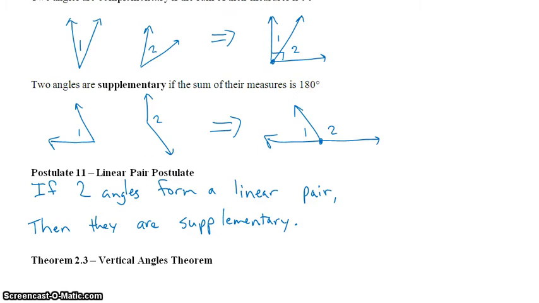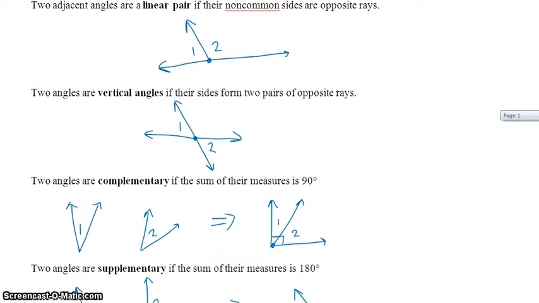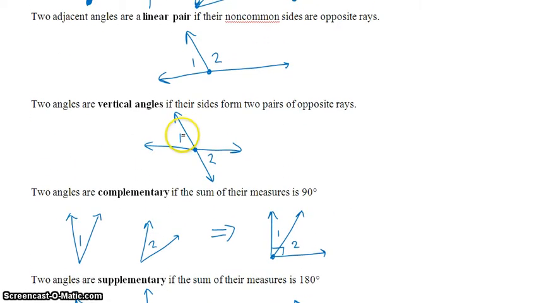A theorem is a little bit like a postulate, but we have to do a little more proof to figure it out. If we look at vertical angles, angle 1 and this angle form a linear pair. They're supplementary. Angle 2 and this angle also form a linear pair. They're supplementary.